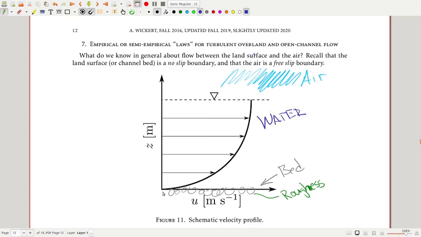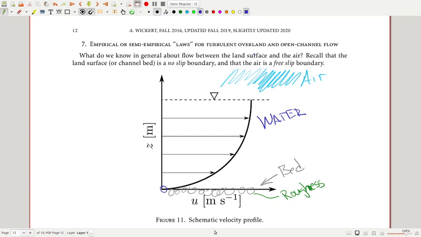And the water is going at a velocity of about 0 at some distance at the bed or very close to the bed. That's determined by the roughness. So the reason that we know that the water is going to 0 velocity at the bed is because otherwise, if the water reached a non-zero velocity at the bed, then we'd enter a situation in which the gradient in velocity, so du over dz, would go to infinity, right?